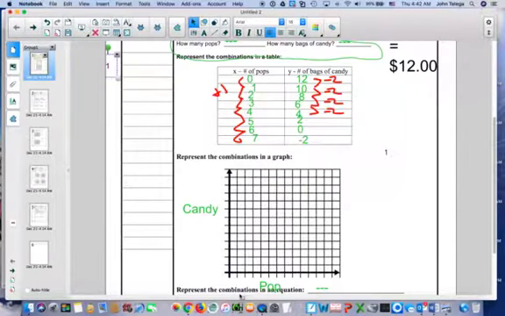So I got a 1. And I got a 1. And I'll make this a 2 here in a second. A 2. And a 2. And a 3.